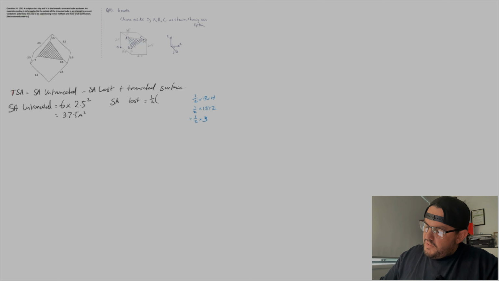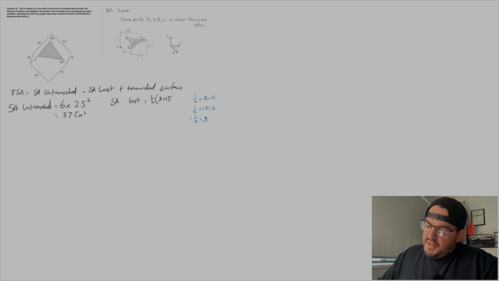So this is a half, 3 plus, if I look at this distance, from A to here, that should be 1. And then that triangle that's made in there will be 1 times 1.5, because there's 1.5. I should have known that because I just did it. So 1 times 1.5 should give me 1.5.